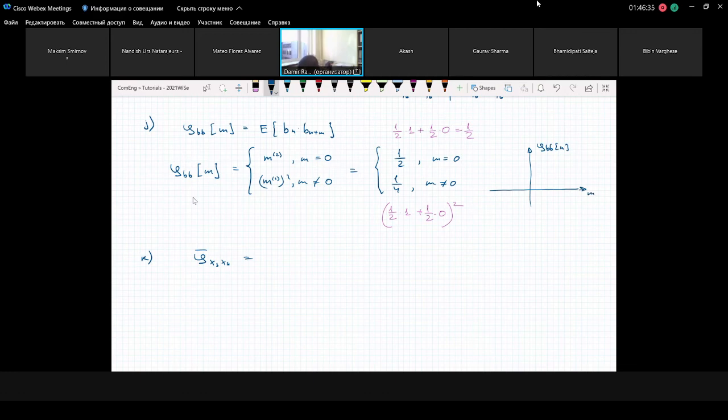And what do we have? At 0, we have discrete index 1/2. And then for all other shifts, we have 1/4. And these shifts are integer values.